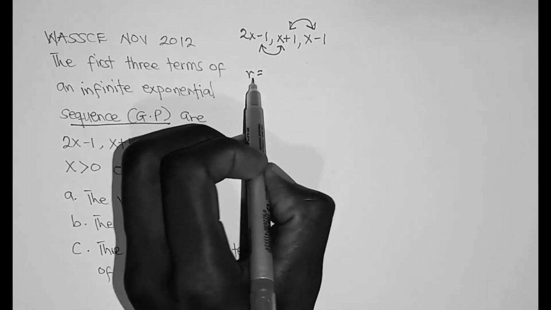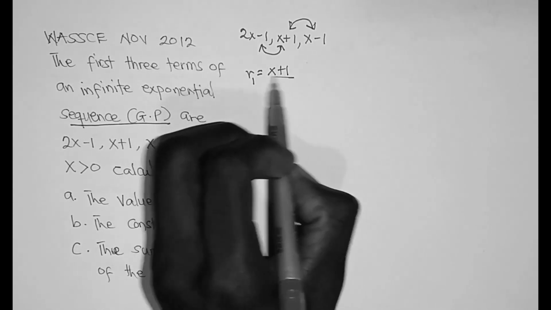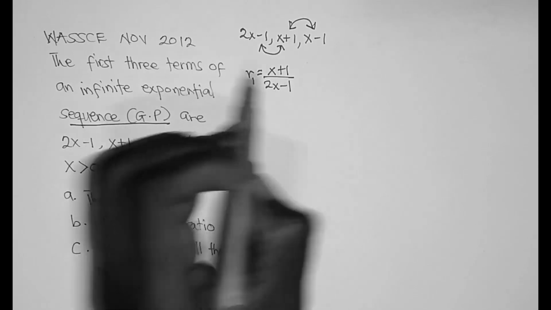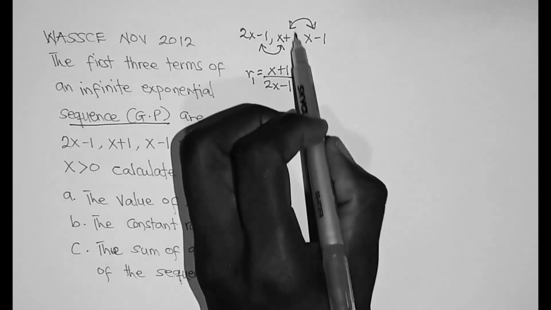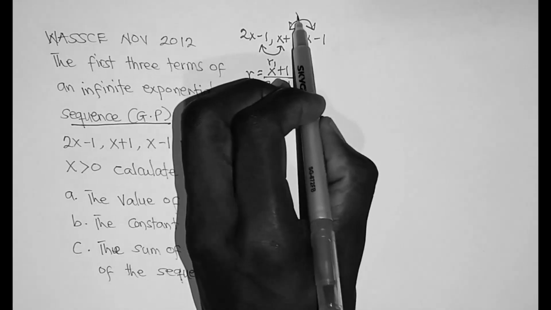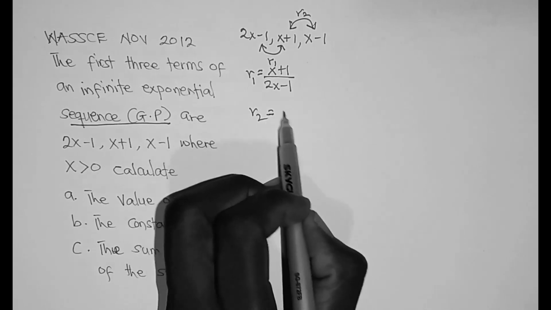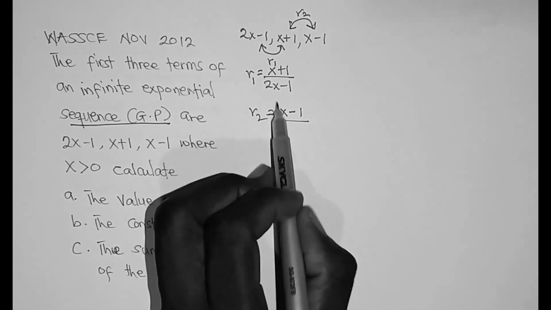R1 is equal to x plus 1 divided by 2x minus 1. And then let's find the common ratio here. So this is R1 and this is R2. So R2 is equal to x minus 1 divided by x plus 1.